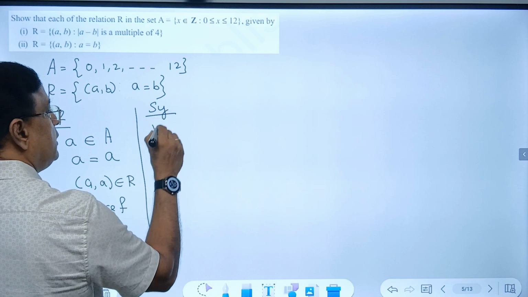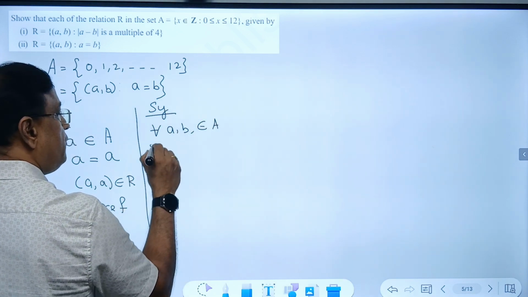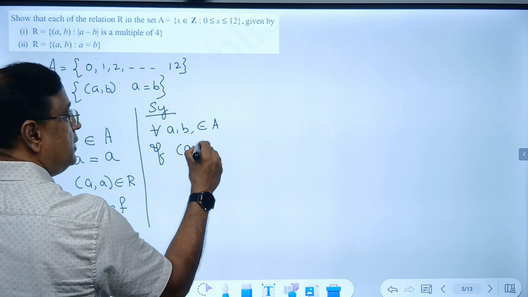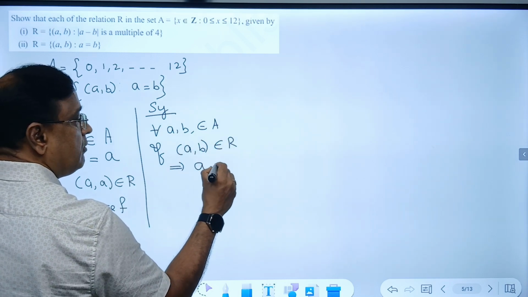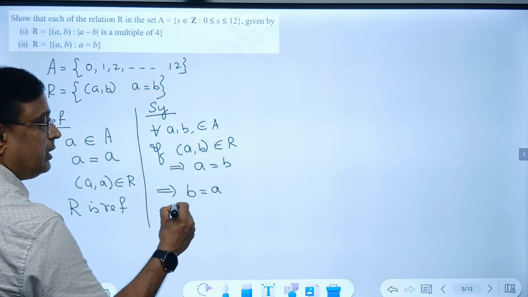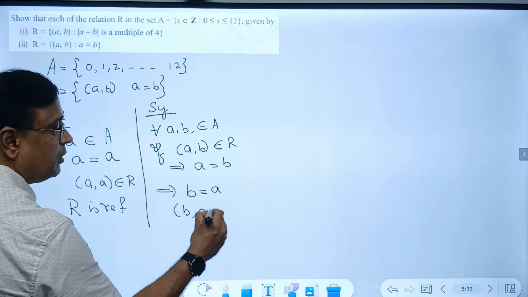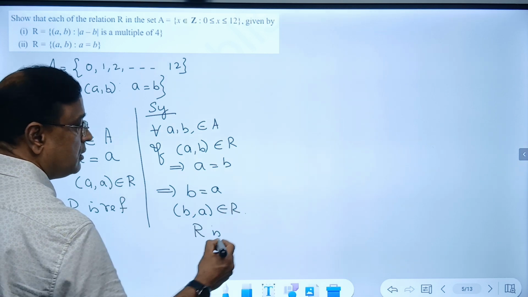For symmetric, I choose 2 elements. If A is related to B, that means A equal to B. Definitely B equal to A. If B equal to A, then B comma A belongs to R. Therefore R is symmetric.